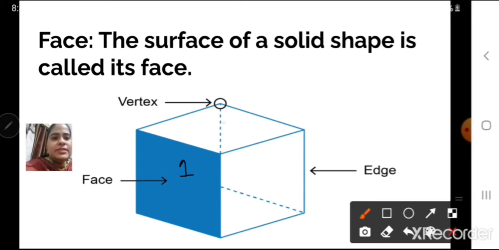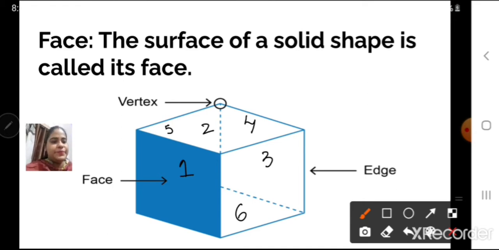This is one more surface, two. This is the third one. The one behind is the fourth one. Then this side, the opposite of 3, is your fifth one, and the bottom one is the sixth one. So there are 6 faces of a cube.